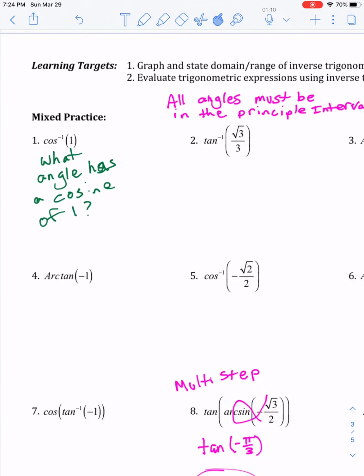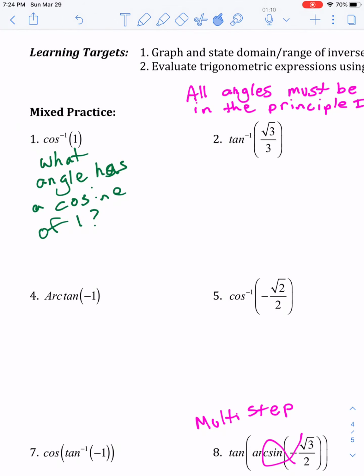When you see, like problem 1, it looks like it's cosine to the negative 1, that notation implies inverse, which is the same as saying arctan, like you see in problem 4. So arc or the negative 1 both imply we should be taking the inverse trig.